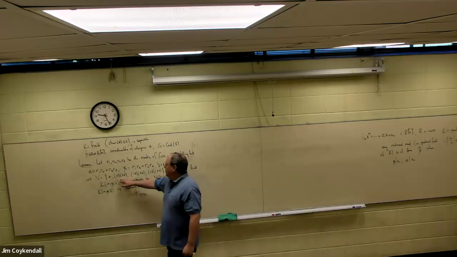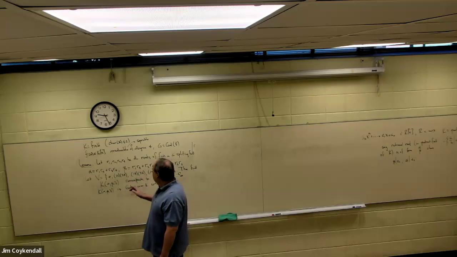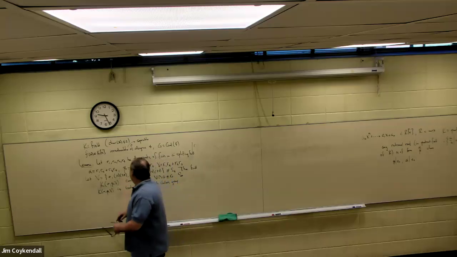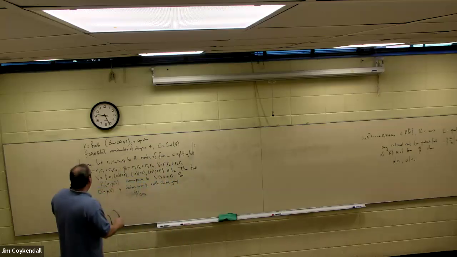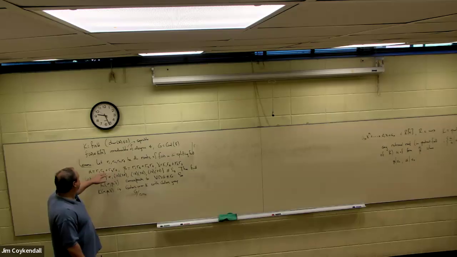Notice this subgroup is set up to leave alpha, beta, and gamma alone, right? Because any of these automorphisms, if you swap 1, 2 and 3, 4, this leaves alpha alone.